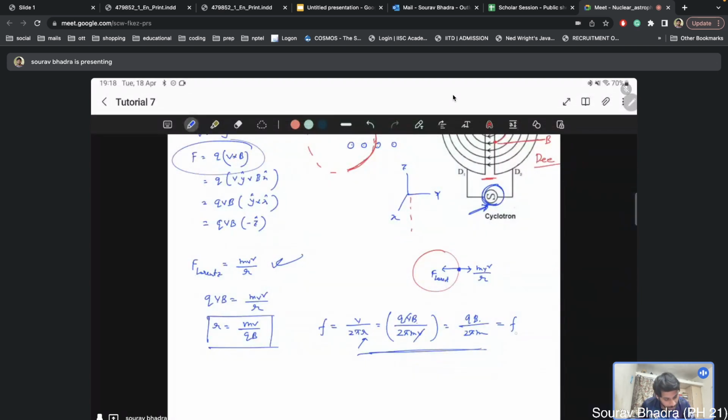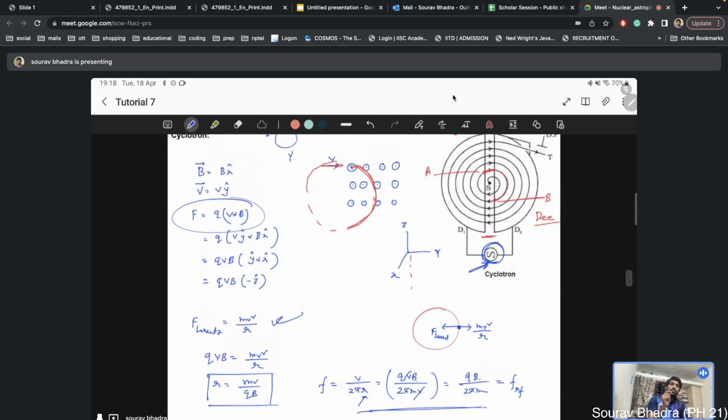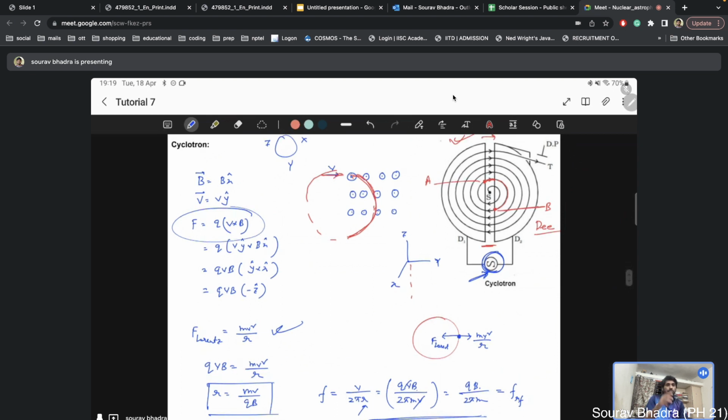So if your frequency of that RF, which is the oscillator, is equal to the frequency of the particle itself, then the resonance occurs, and only in that condition this happens, that whenever it comes out of any D, it will feel the acceleration towards the other D. I am again saying it is the condition of resonance for the cyclotron to work.